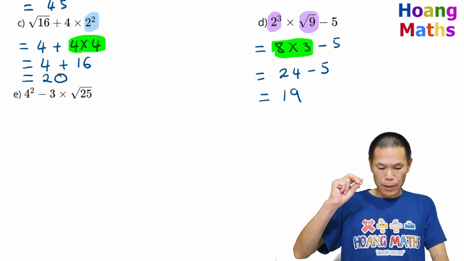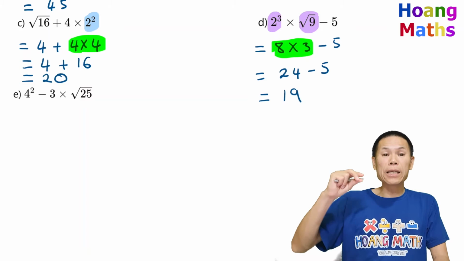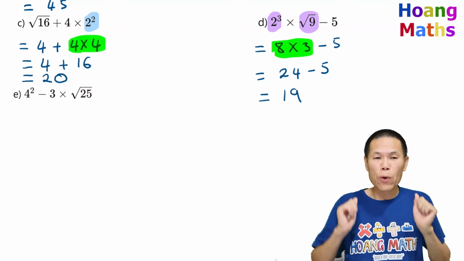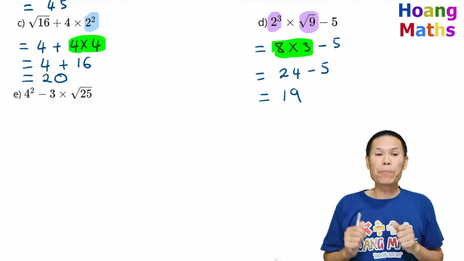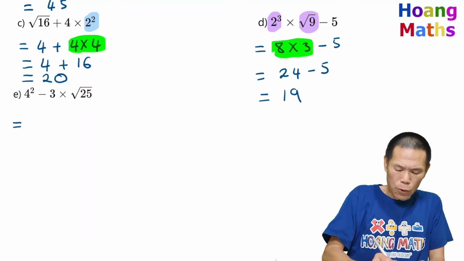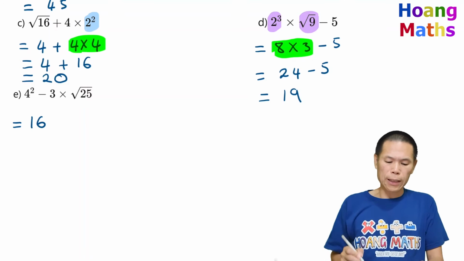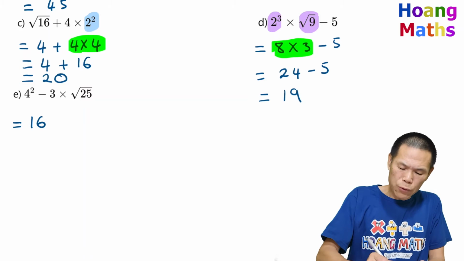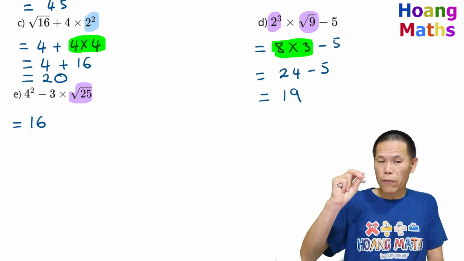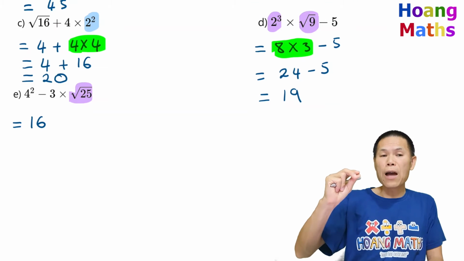Part E. 4 squared minus 3 times square root of 25. So we need to work out 4 squared first. And 4 squared is 4 times 4. So that is 16. And now we have square root of 25. That is 5, because 5 times 5 is 25.